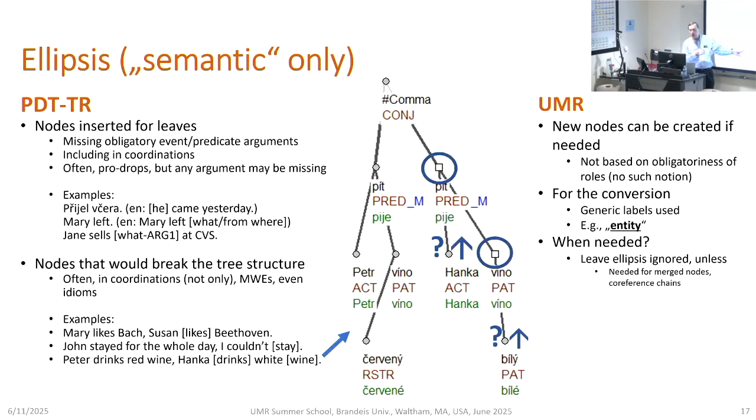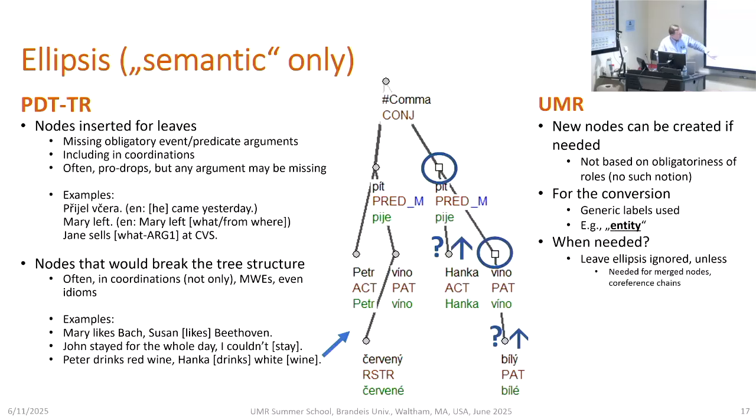So we add the node for "like". And we mark it appropriately that this is just a copy of another verb because it's understood from the context and so on. And we have a regular structure and then everything holds as usual, except the node is marked as an inserted node or generated node, empty node, whatever you want to call it. So this example in the middle is actually a sentence with two such nodes, not only one.